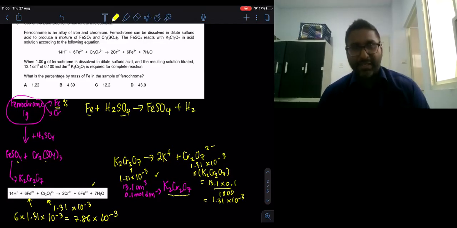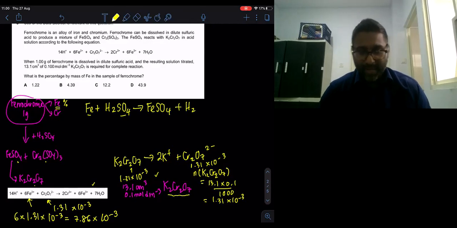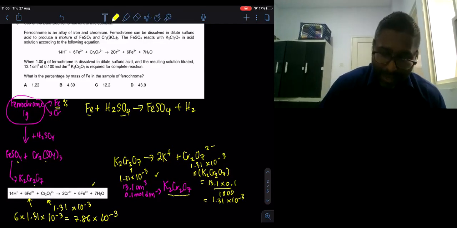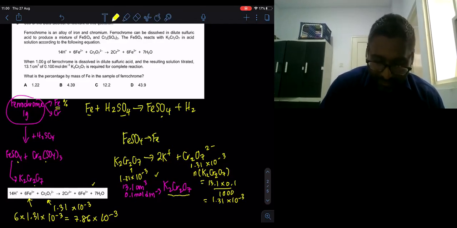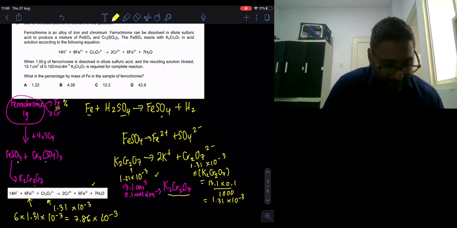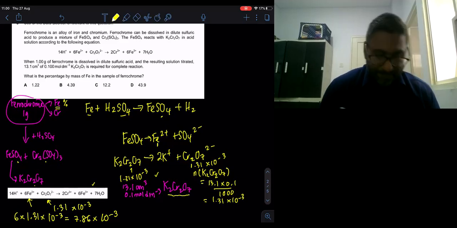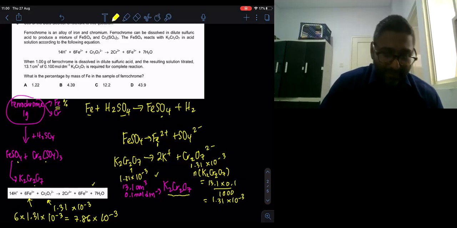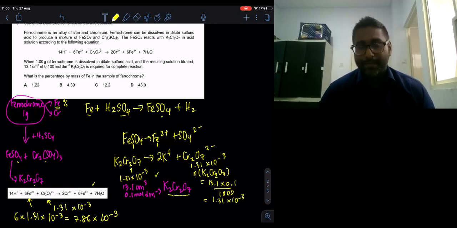Even though they didn't mention it, you need to know this and make sure it's balanced, and I see over there it's all balanced. Why am I doing this? Because FeSO4 is supposed to give me Fe2+ and SO4 2-. It means that if Fe2+ is 1 mole, this will also be 1 mole.